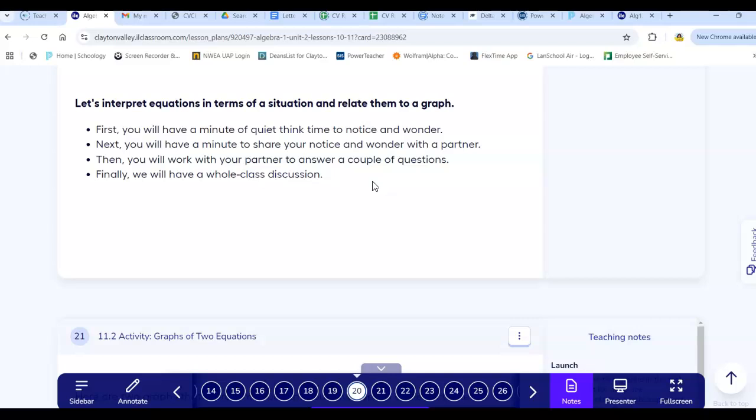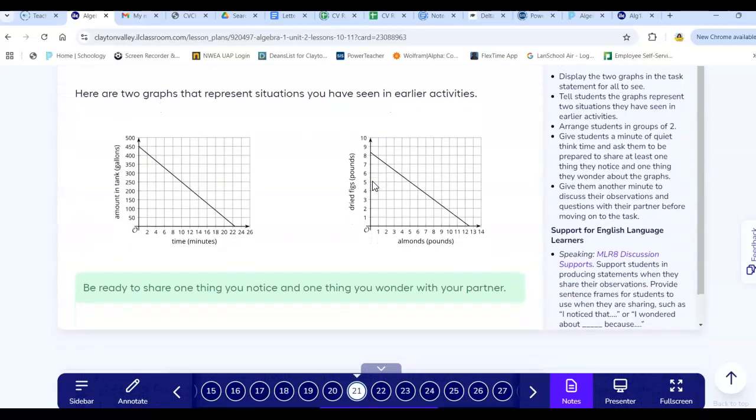So the first activity, they are going to give you 2 different situations that you've already looked at in another lesson. Here you have one of the tank lessons where we were emptying a tank, and here we've got the figs and almonds for Claire's snacks that she was putting together.